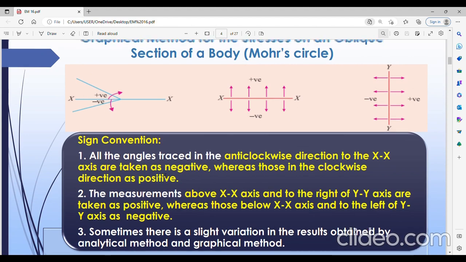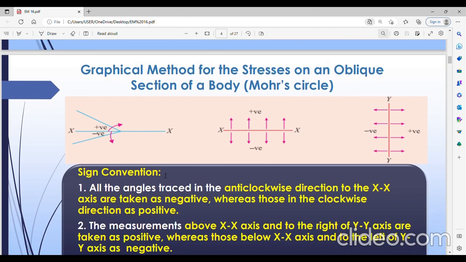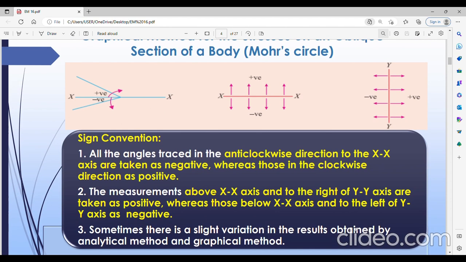Before moving on to the procedure for drawing a Mohr's circle, we'll see what sign conventions are used. As in the figure, all angles traced anti-clockwise to the x-axis are taken as negative, and if clockwise to the x-axis, then positive.